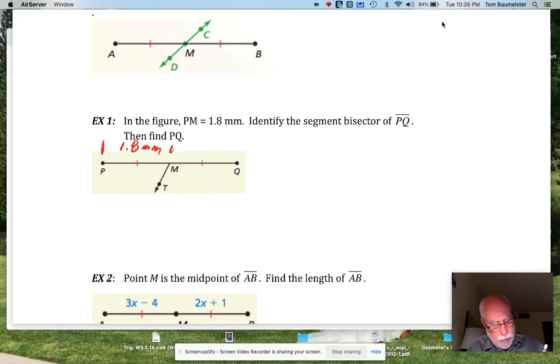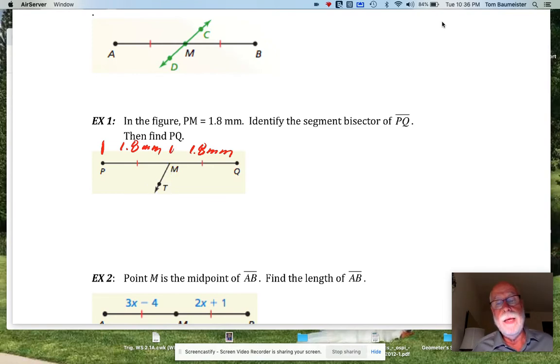So we know that MQ is also 1.8 millimeters. So which one is the segment bisector of PQ? It's asking us to identify it. So if it's PQ, we know that M is the midpoint, and we know that this right here is what is going to be bisecting it.